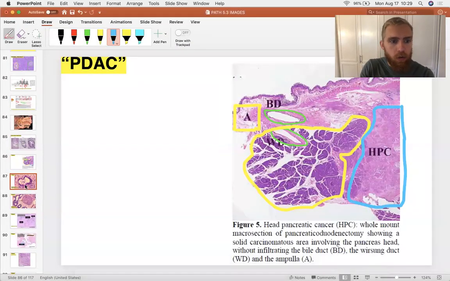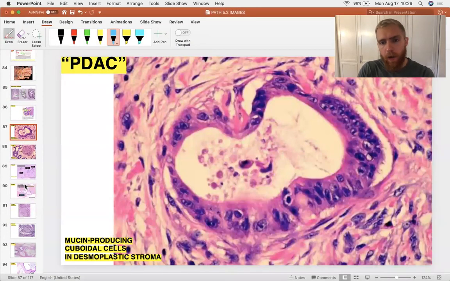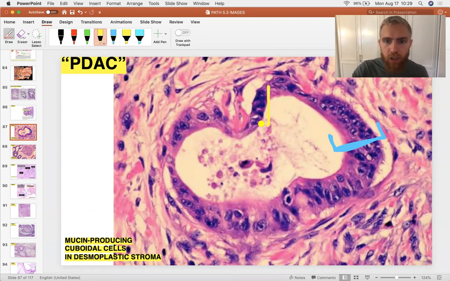Back to some visuals. Here's a really high mag ductal adenocarcinoma. Where you're really seeing it is on the right-hand side of this ductal epithelium. And remember that cuboidal epithelial cell, that's the cancerous cell in question here. You can tell there's a lot of dysplasia. There's a great degree of hyperchromasia, meaning very dark nuclei.